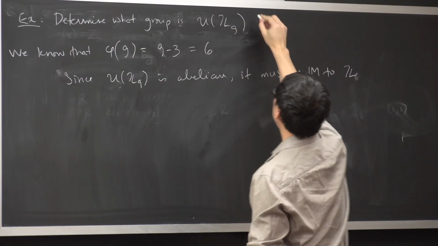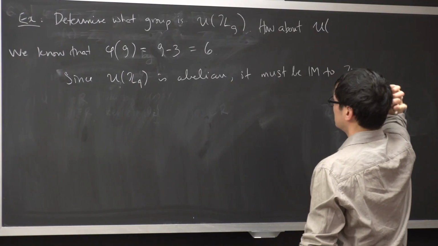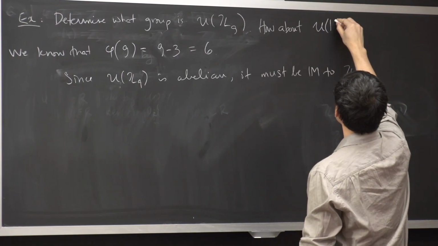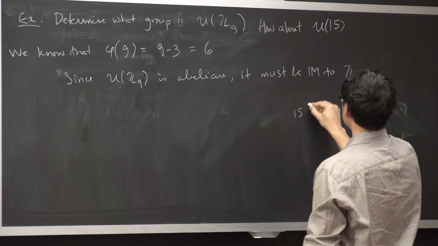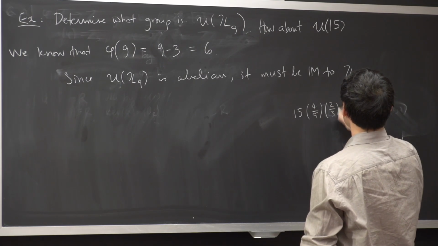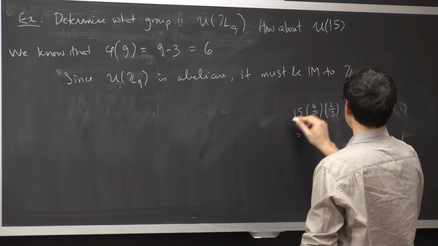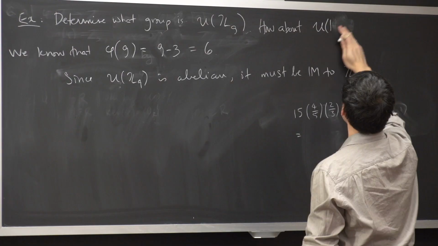So how about U of Z15? I'm trying to find what is phi of that: 15 times 4/5 times 2/3 is 8. No, that's no good, I need something non-stupid.